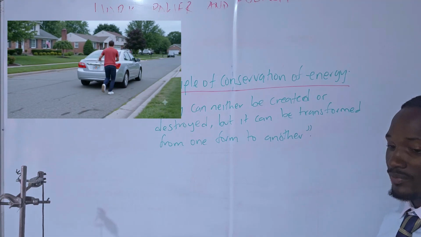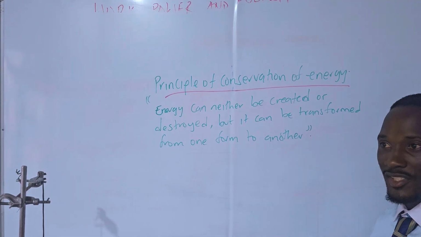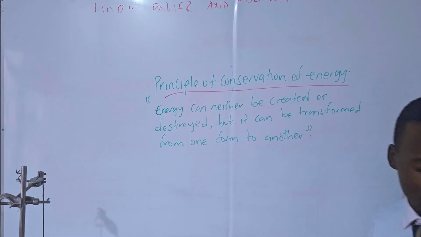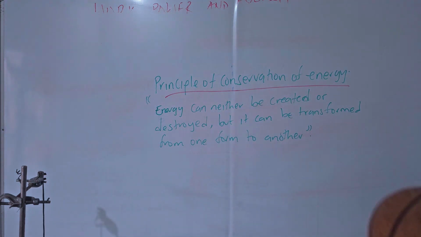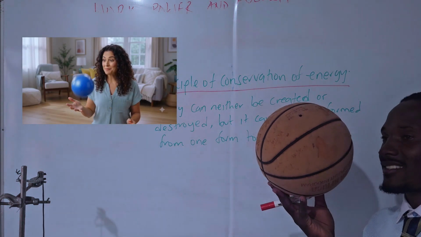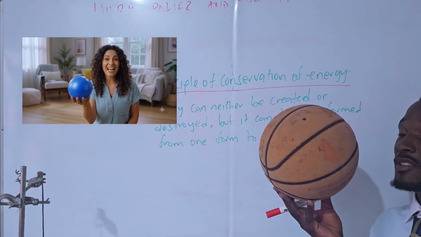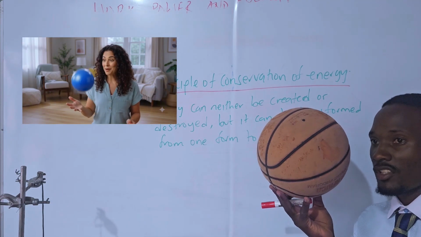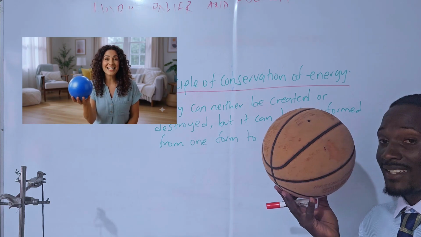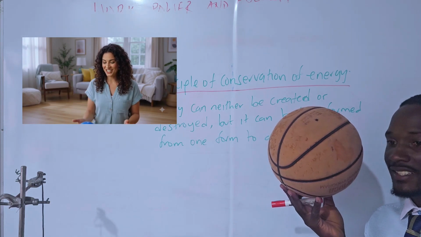For example, let's go back to the dropping of the ball scenario. We saw that the ball at this point was having potential energy. The fact that this ball is not moving, then it is having no kinetic energy.